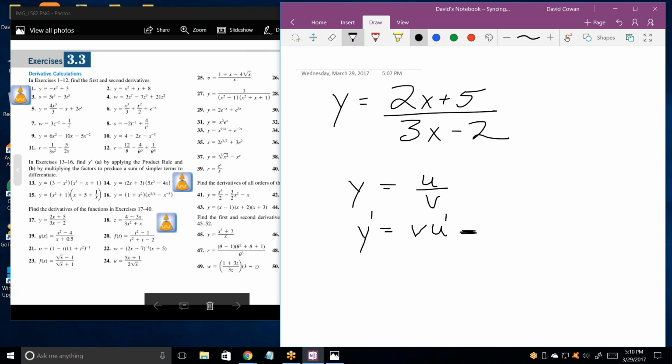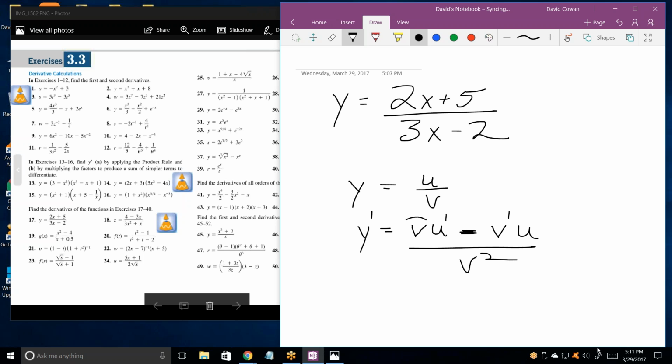It's not like the product rule where order doesn't matter. In the product rule, you can do it either way, right? But in the quotient rule, your numerator has to be in this order. And the only reason order could matter is if you're subtracting. And then the rest of it is going to be the opposite of the first part. So the rest of it's got to be v prime u, and it ends with the bottom squared.